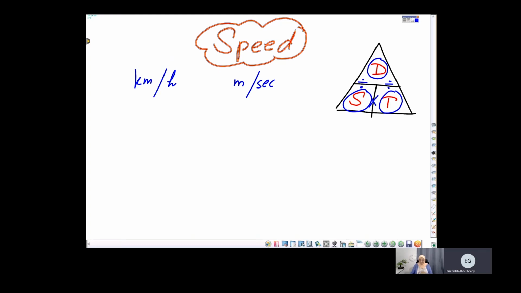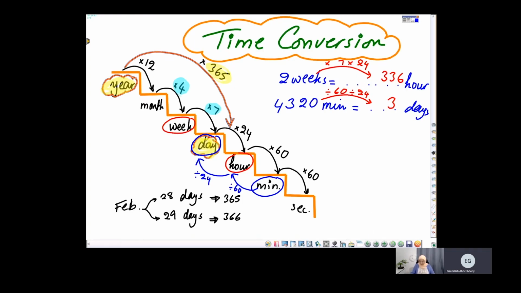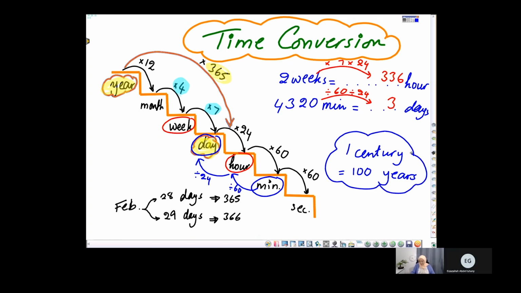Now, I need to remind you about two things I promised to say about time, that 1 century is 100 years. We need to speak about the decade. One decade is 10 years.